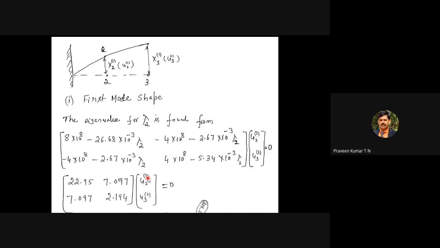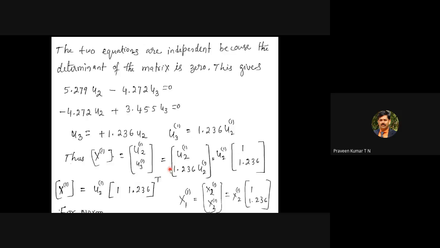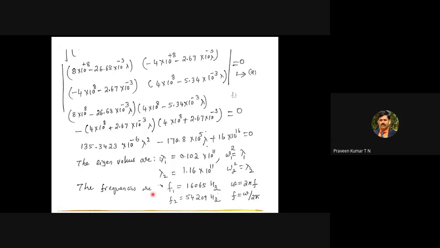When lambda 2 is considered, or it is running at the second mode of vibration, you have a different frequency. For the first mode of vibration, the frequency is 16065 hertz. When you come to the second mode of vibration, the frequency is 54209.